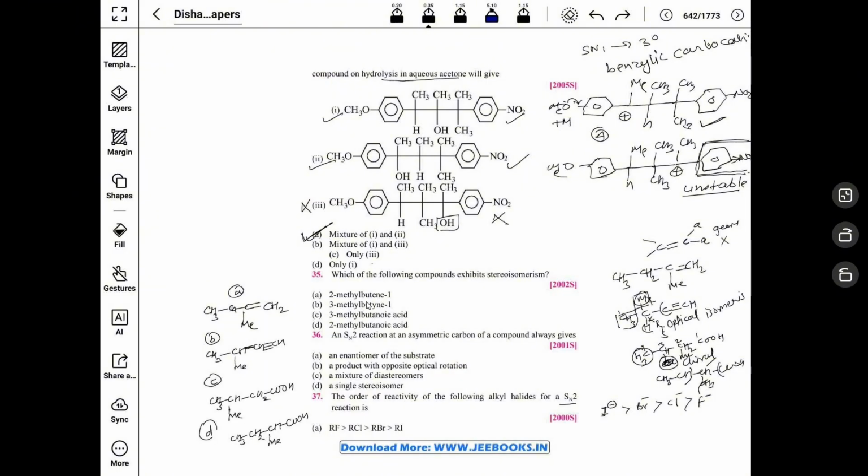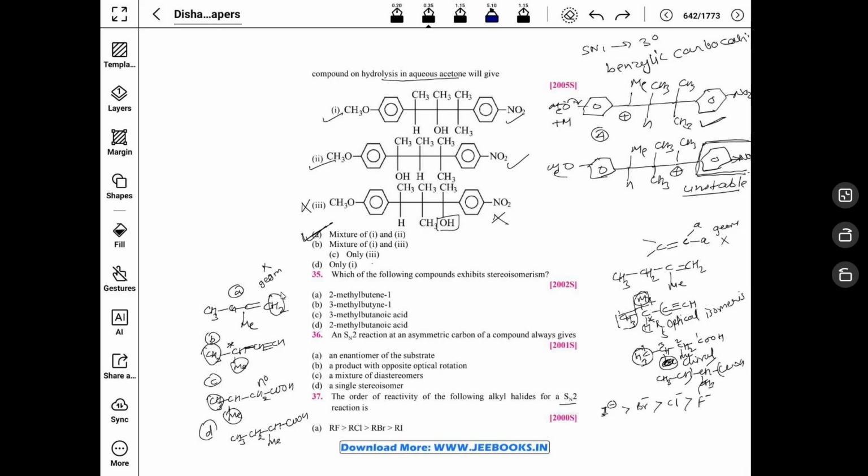If you see 2-methyl butene, there are no geometrical isomers because the substituents at this carbon are the same, hydrogens. If you see here, this carbon is not chiral because it has the same methyl group. Now let's move forward. In the case of 3-methyl butanoic acid, you have the same substituents on this carbon, so no chiral center.